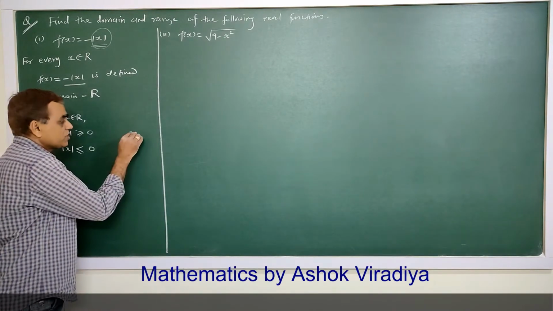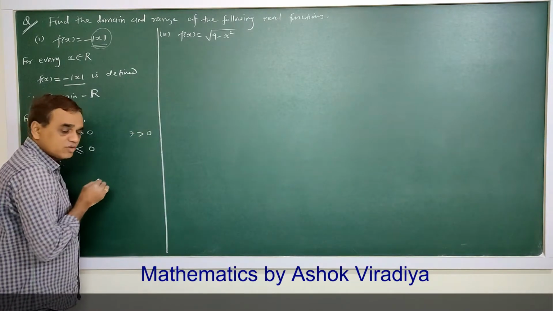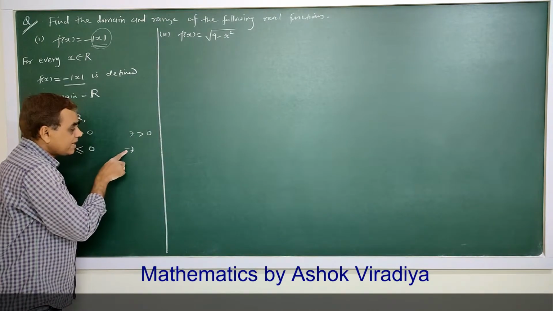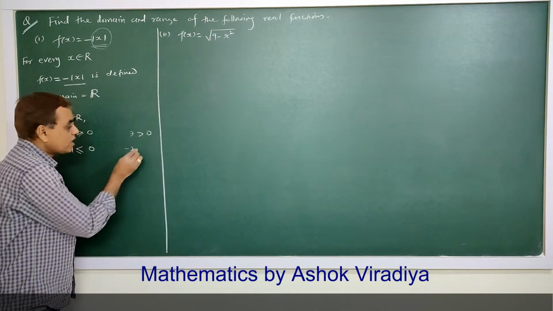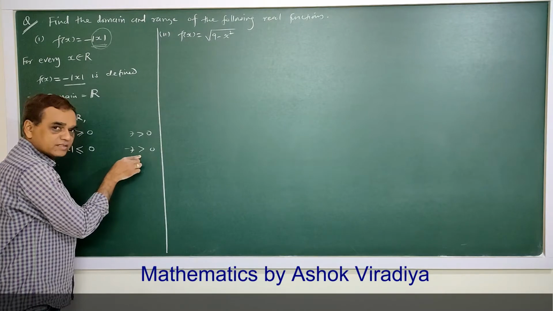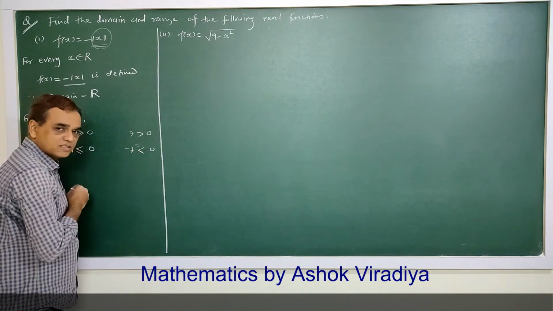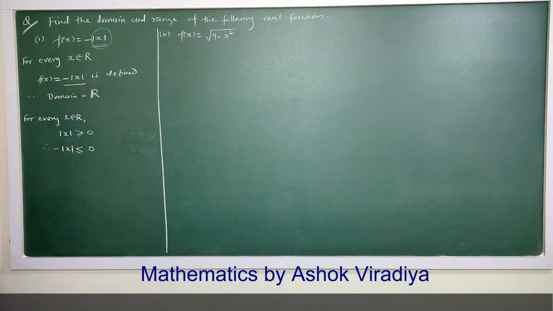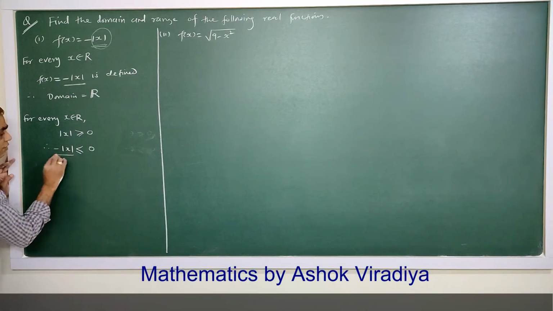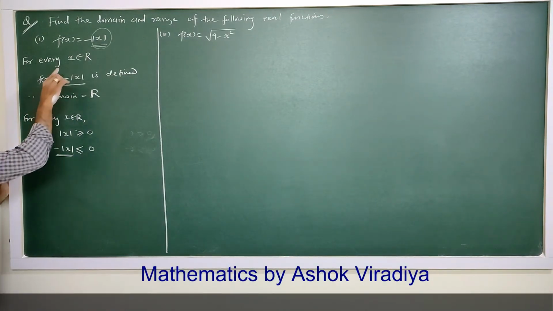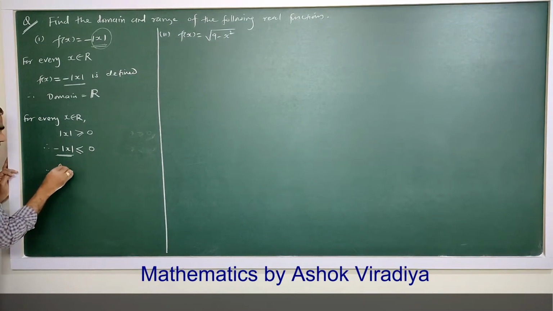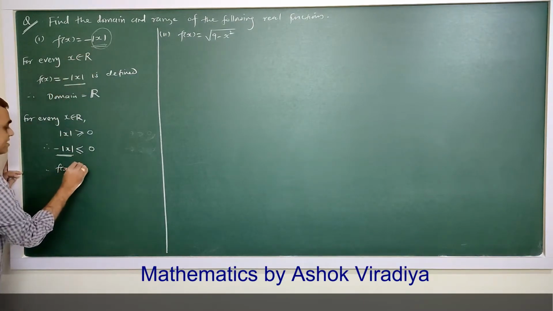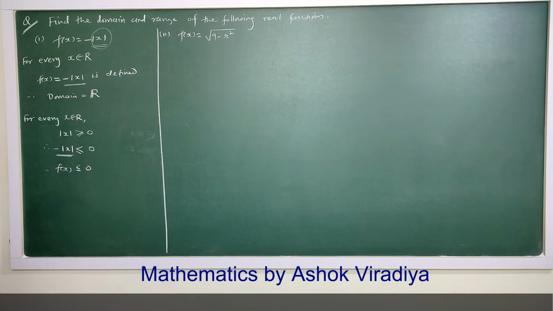Suppose 7 is more than 0. Now if we apply the minus sign to this 7, I cannot continue this sign. The sign is reversed. Minus 7 is less than 0. So this is a formula for f(x). So f(x) is less than or equal to 0.